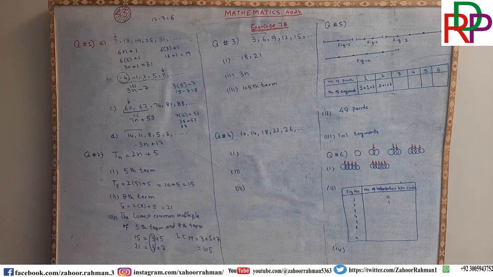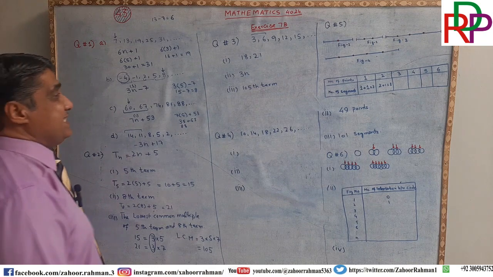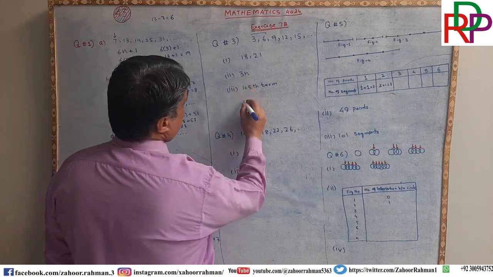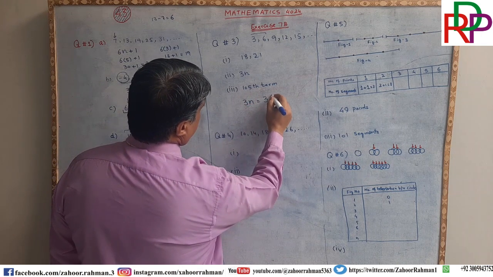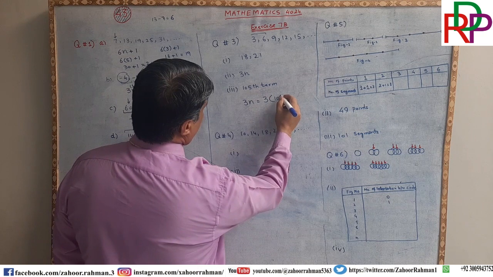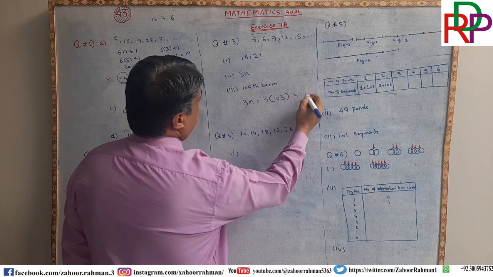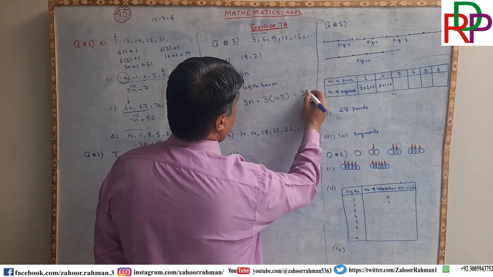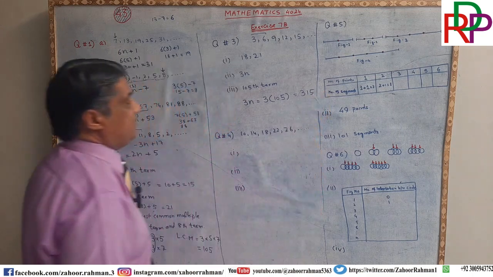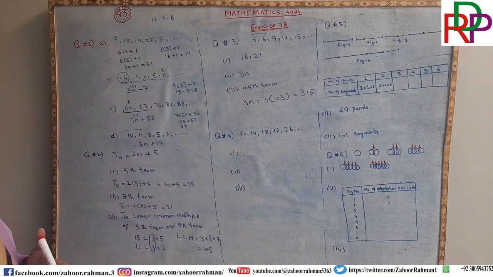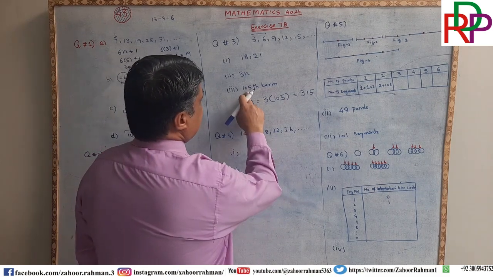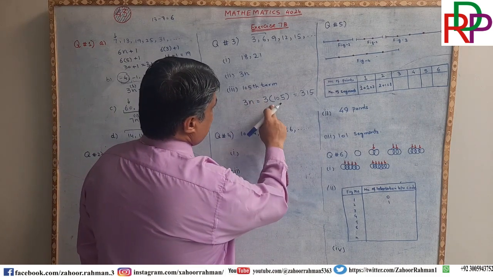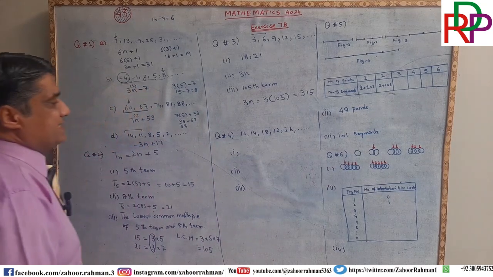So that was the first, and the second part we did earlier. Now in this case, in this formula, we have to find 3 into 105 and we will get 315. So ladies and gentlemen, you can see how easily we can find any term which is not given to us.